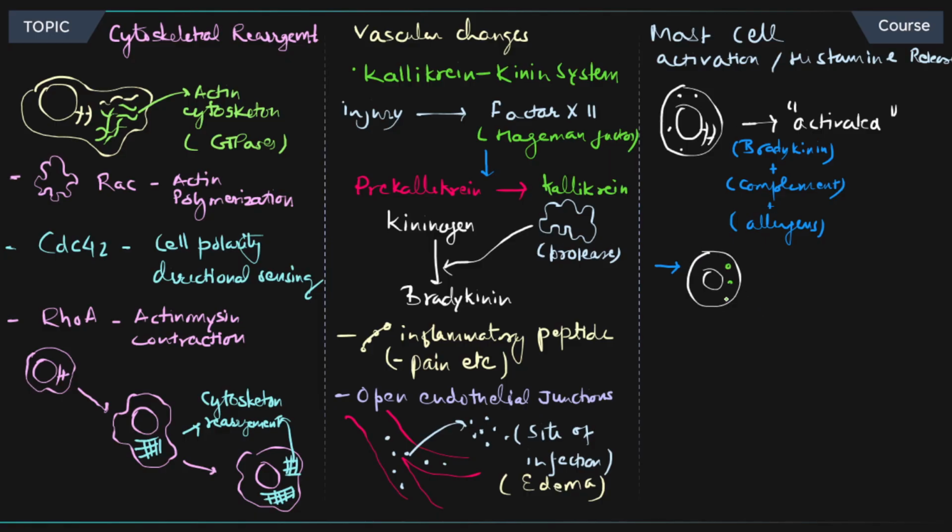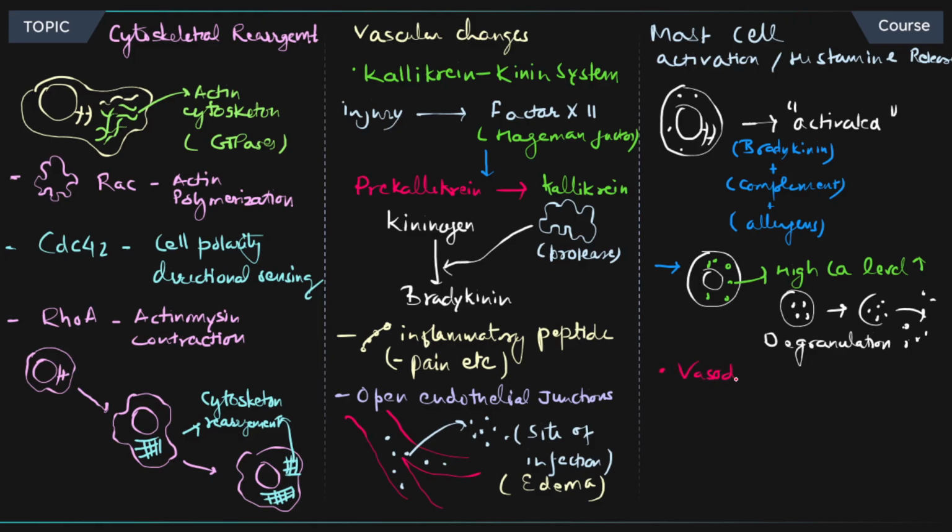Inside that you have these green colored molecules. These are high levels of calcium. When you have high calcium levels, there are small granules present inside the mast cells. Inside those granules you have molecules that are getting released, and it's called degranulation. This degranulation is induced by the high calcium level, and it's going to release the mediators, and that will cause vasodilation.